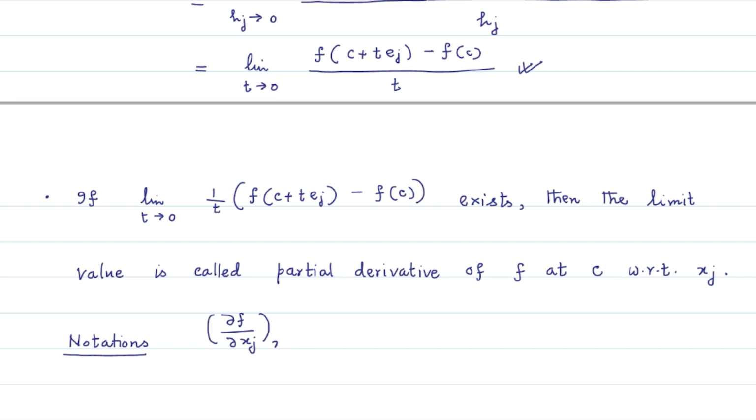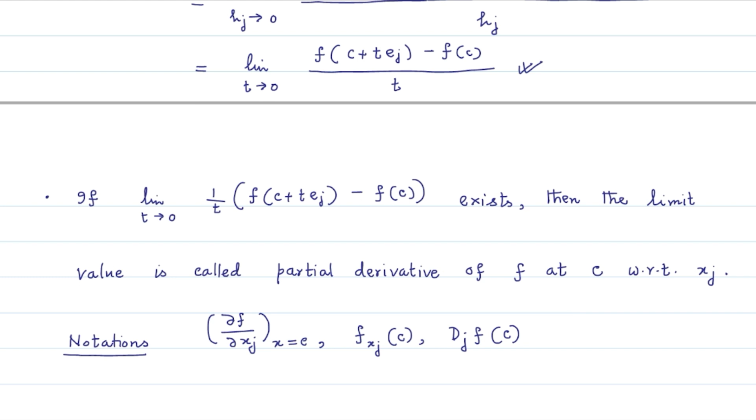del f del xj at the point x is equal to c, or by f subscripted xj at the point c, or by capital D subscripted j of the function f at the point c.